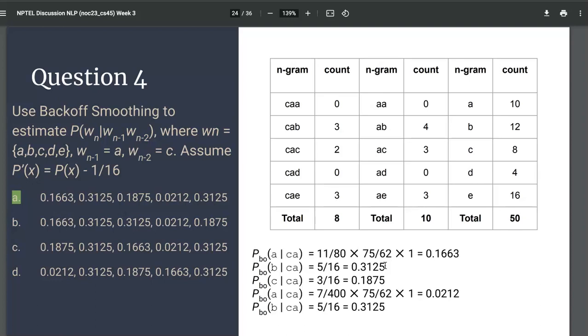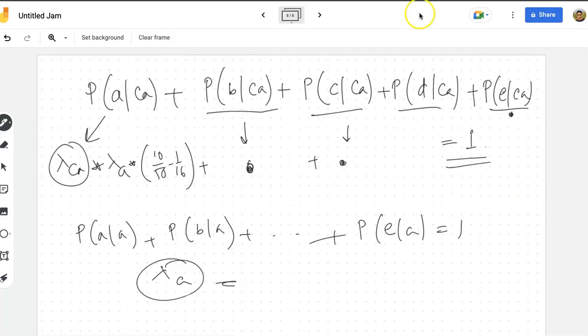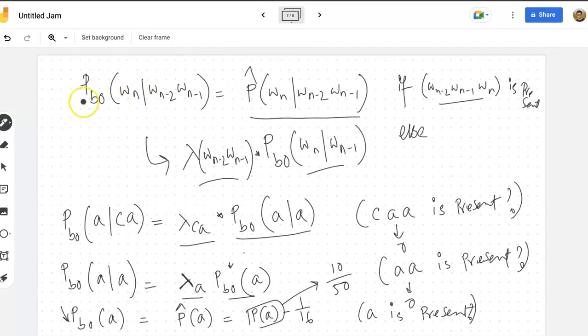The only thing you need to remember is this is the backup formula. This is the backup formula for diagram. There will be backup formula for bigram, unigram, or maybe for n-gram. So what is the formula for diagram?